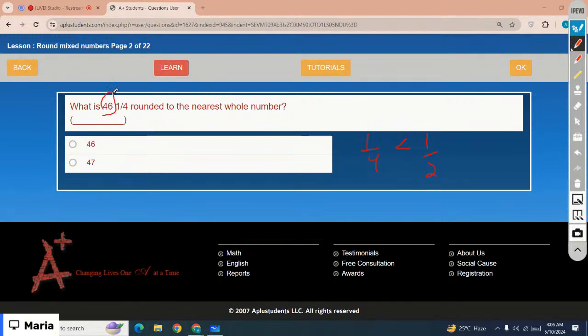That means you need to round on the same whole number. So the correct option is 46, right? You need to round on the same whole number.